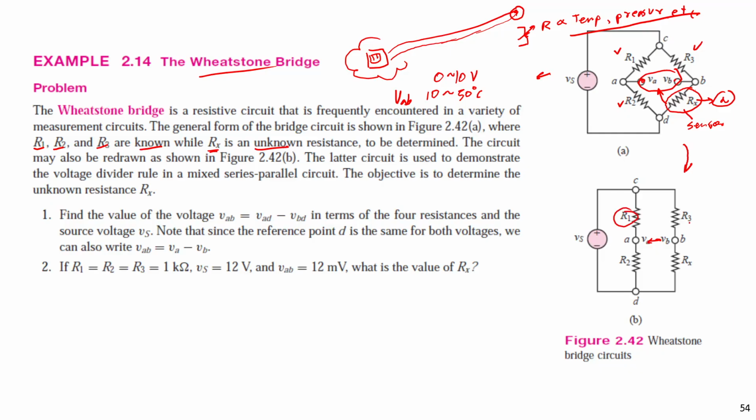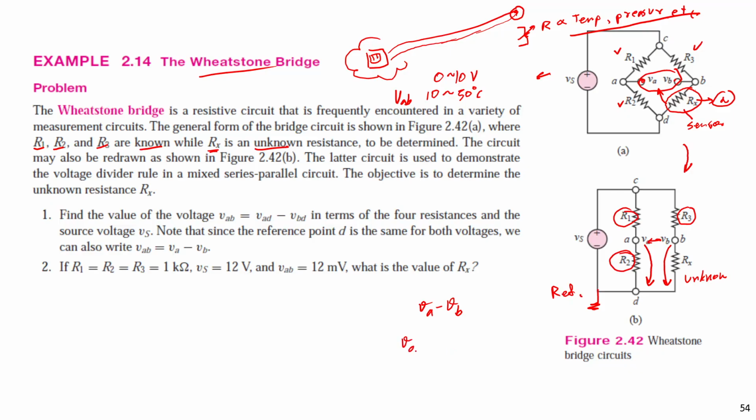R1, R3, R2 are known values, and this is something unknown. To find the voltage VAB, VAB is VA minus VB, and we use node D as reference.